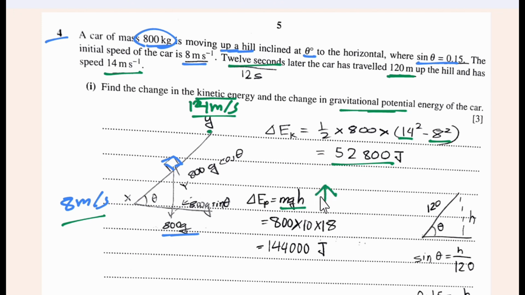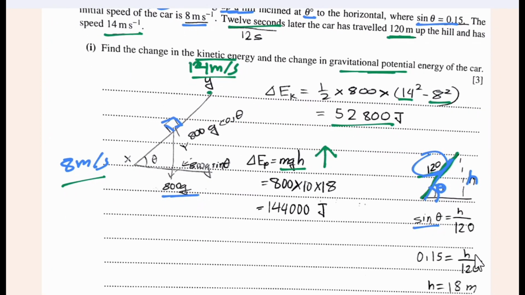So what is the value of vertical height? We know that the car has traveled 120 meter, that means the slope length is 120 meter, so we know this side, and we know the value of the angle, so we need to find h, the vertical height. We know that sin theta is equal to opposite by hypotenuse, so the opposite, that means height, would be sin theta into hypotenuse.